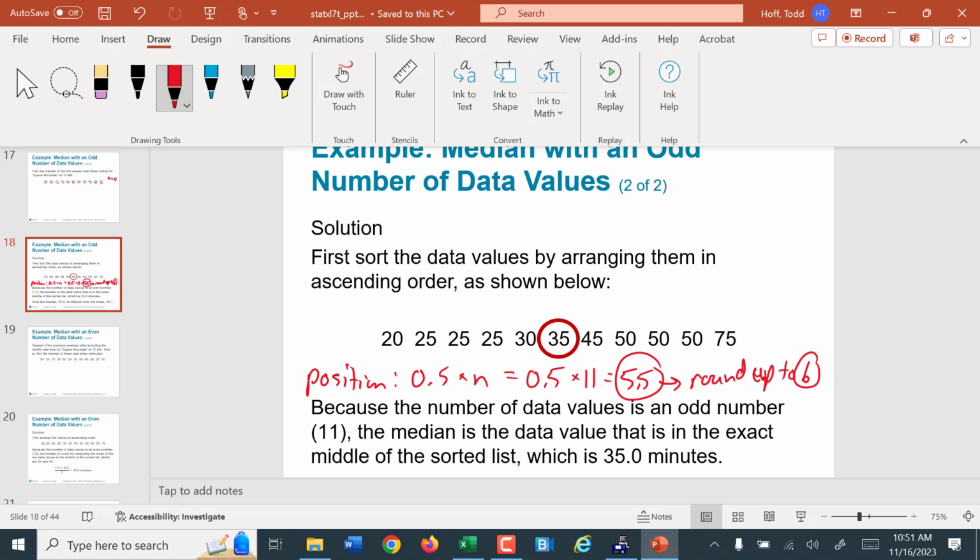So that's telling us it's the 6th number in our list: 1, 2, 3, 4, 5, 6. That'll be our median. So because this came out to be a decimal, we knew then that there was an odd number of items in the list. We rounded up to the next number to tell us that the item in that place is the median.